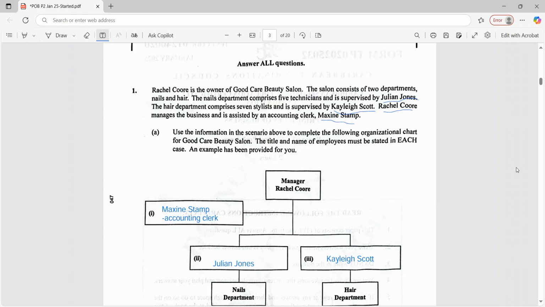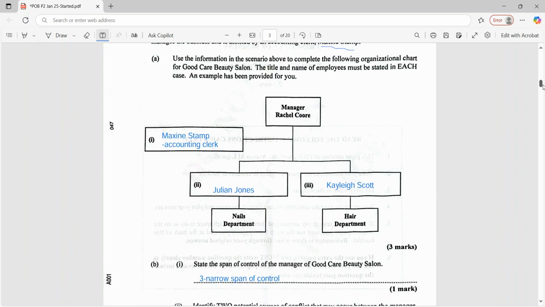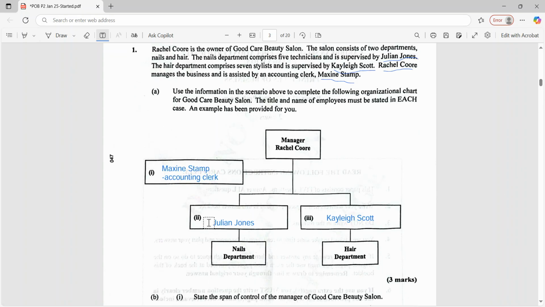The 2 departments, so you would first look at the organizational chart that they give you in full. It now has 2 divisions, and we know that we have 2 departments. So one has to be nails and one has to be hair. So if this is the nails department, the head of the nails department would be at the top of the nails department.